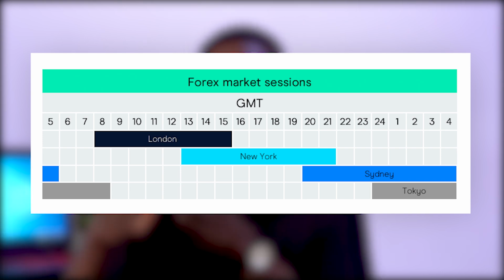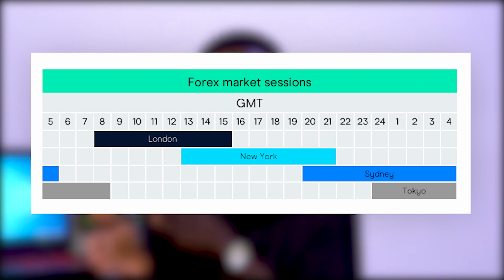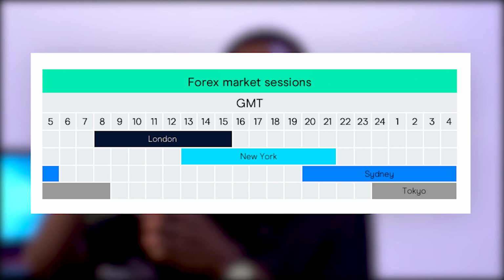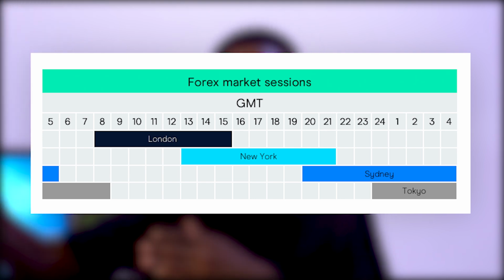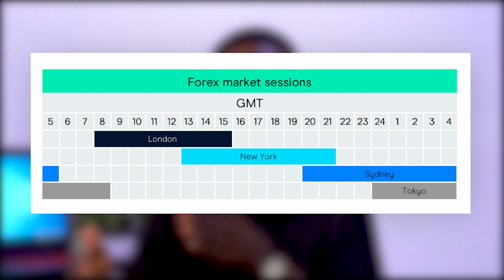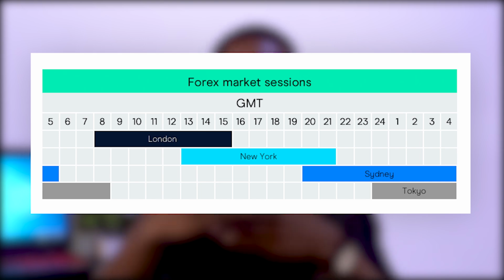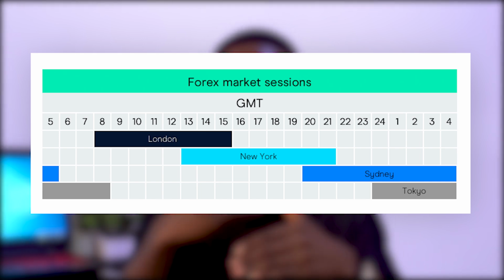When the Tokyo session is closing in the evening, it is morning in New York, so the New York session also opens. So this becomes a cycle, and they overlap with each other. Each session is open for 8 hours, and before those 8 hours elapse, another session opens and overlaps. That is how the market sessions work.